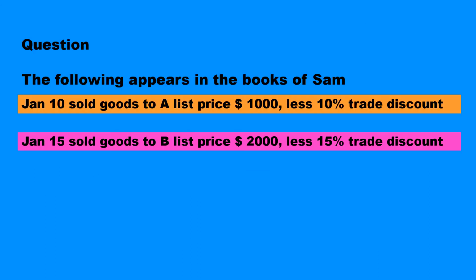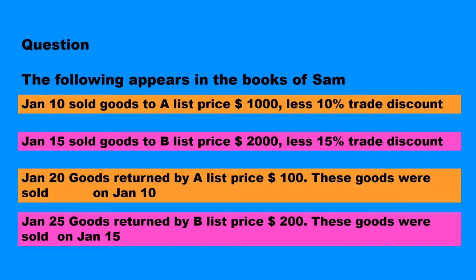Now, let's go back to the question again. Now we concentrate on the last two transactions, that is return of goods. If you would recall in the lessons of documents, you will find that whenever a credit customer returned goods to the businessman, those goods were accompanied by a document known as a debit note, which was used to request compensation.